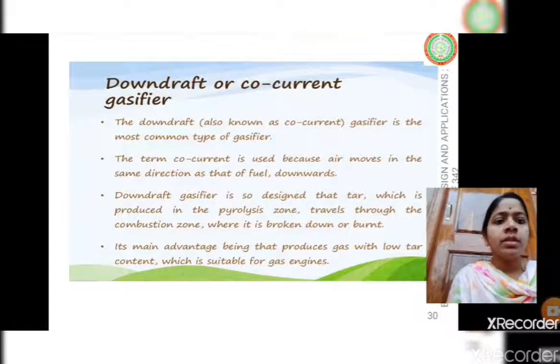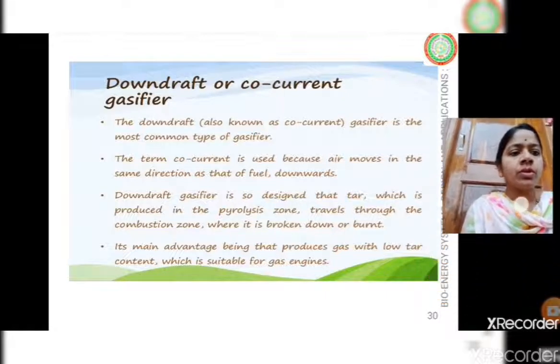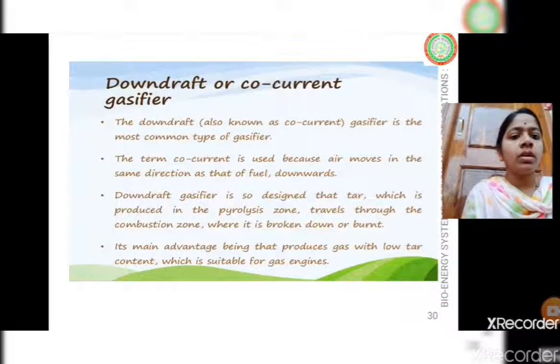This is designed for tar, that is, highly volatile compound material. The main advantage is that it produces low tar content gases, which is suitable for engines.